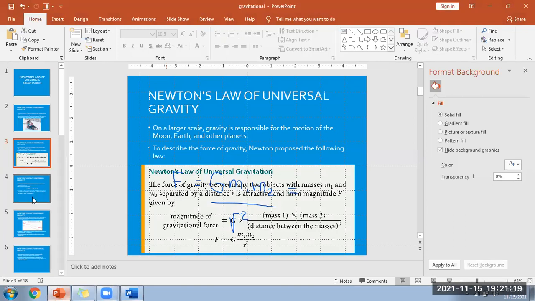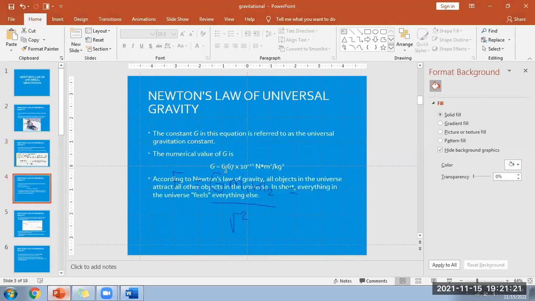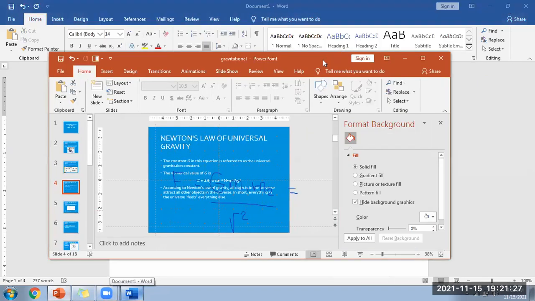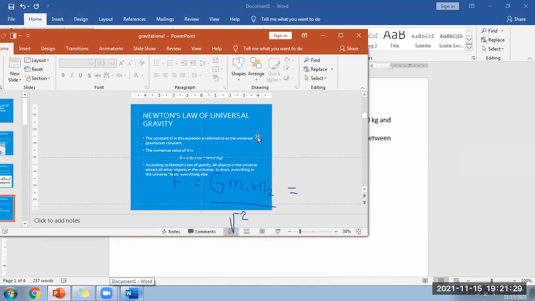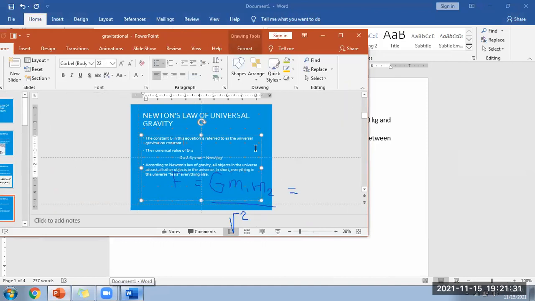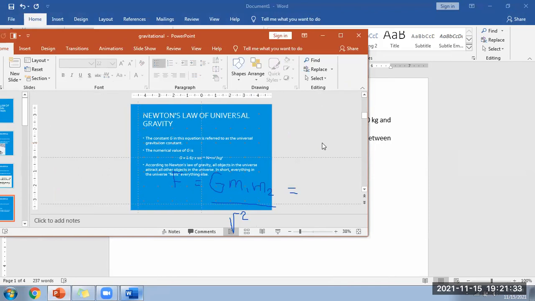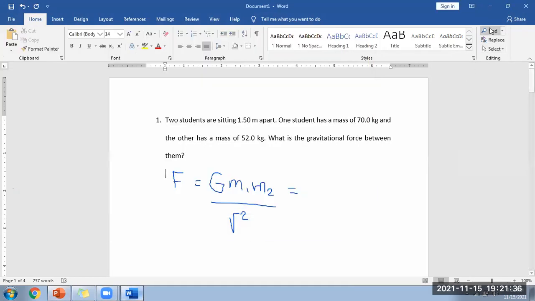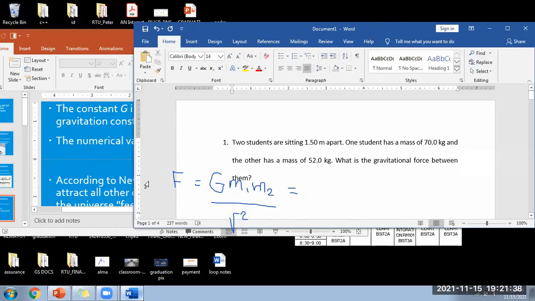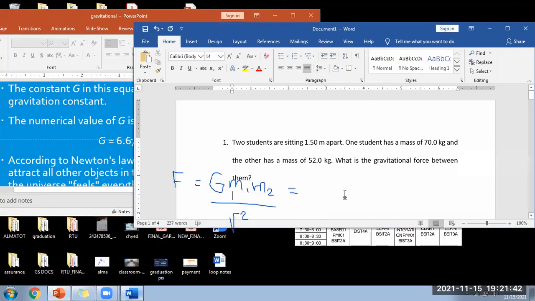Sabi G daw natin ay constant which is 6.67 times 10 raised to negative 11. So i-apply natin yung formula. 6.67.